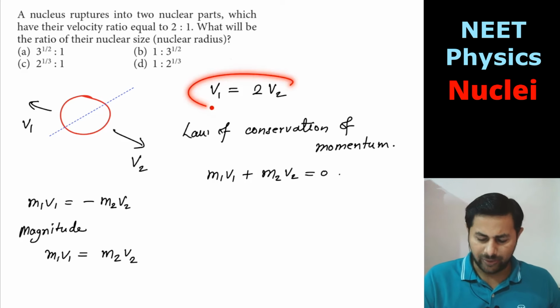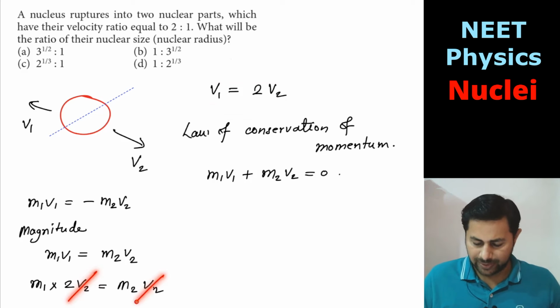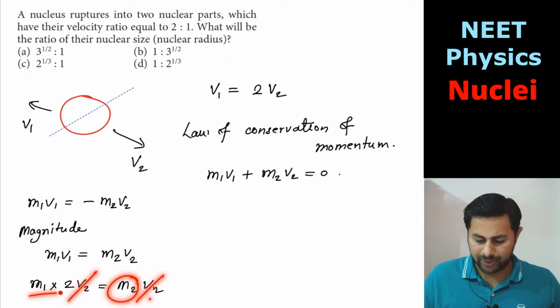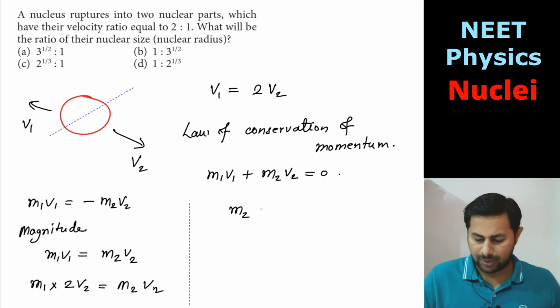Then you have v1 equals 2 times v2, just put that. So v2 and v2 get cancelled out, and m2 is equal to 2 times m1.